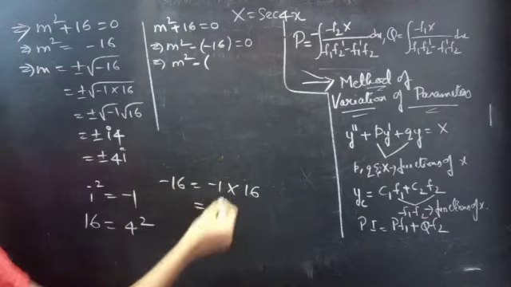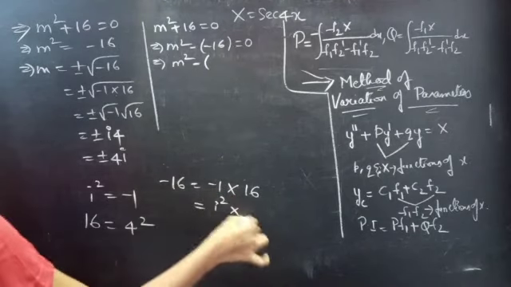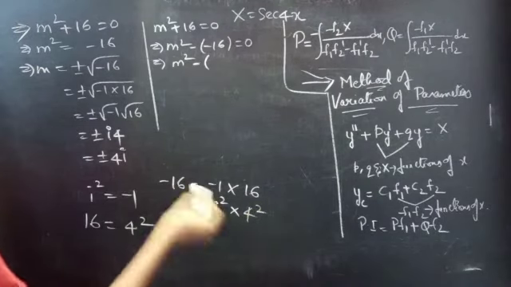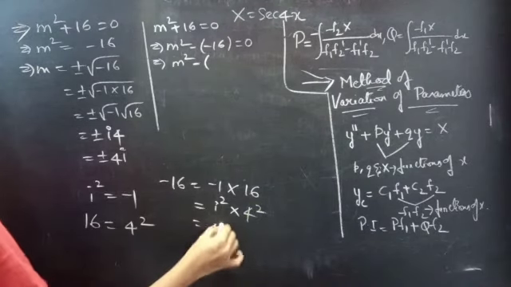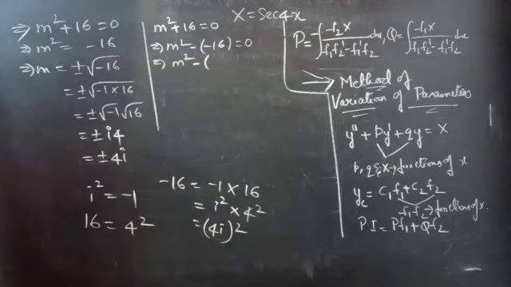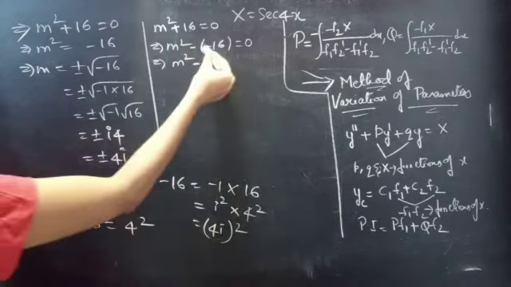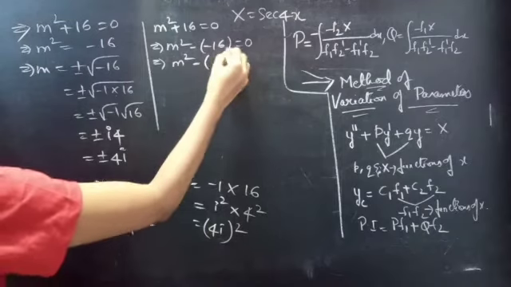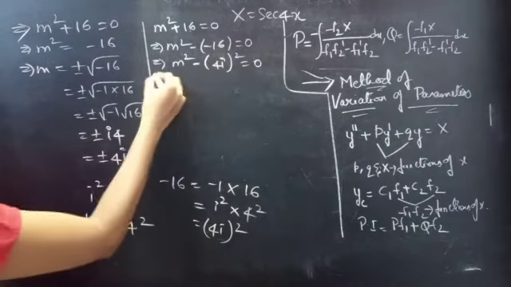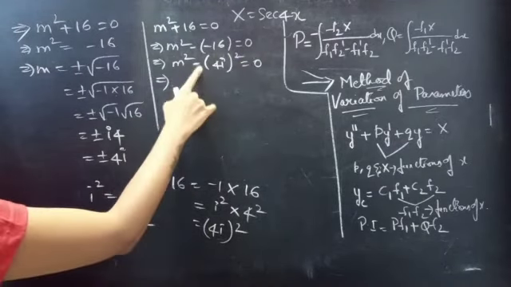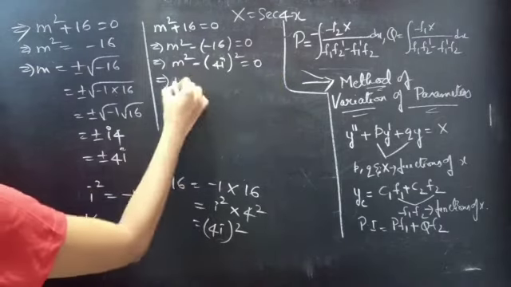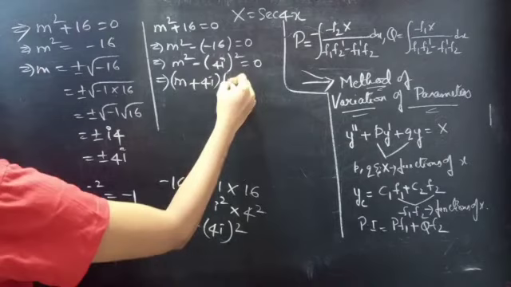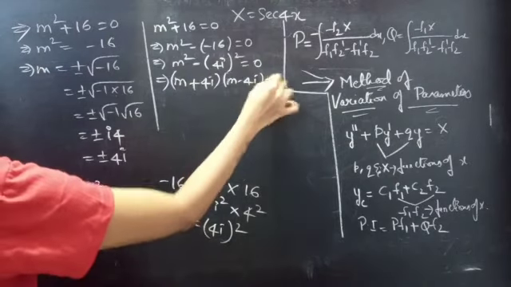So you can write minus 1 as i square and 16 as 4 square. Finally, you can write minus 16 as 4i whole square, right? So you can replace minus 16 by 4i whole square. Then this is of the a square minus b square form, which is a plus b into a minus b.